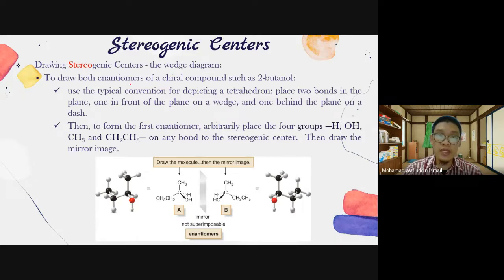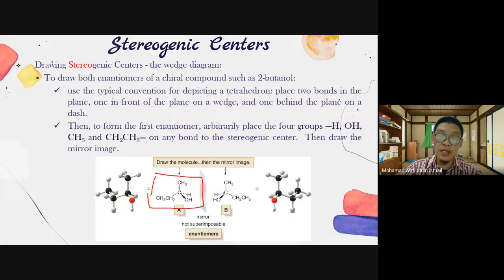Okay, so drawing stereogenic centers using the wedge diagram. To draw both enantiomers, remember, an enantiomer must have A and B. If you only draw A, it is not an enantiomer. To make it enantiomers, you must draw A and B. Use the typical convention for depicting a tetrahedron. Usually this is the way it will be drawn.